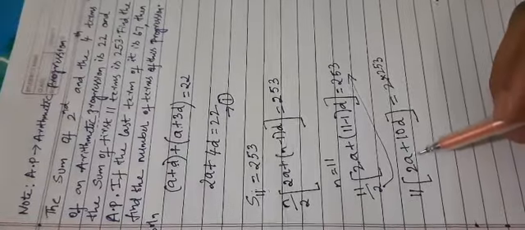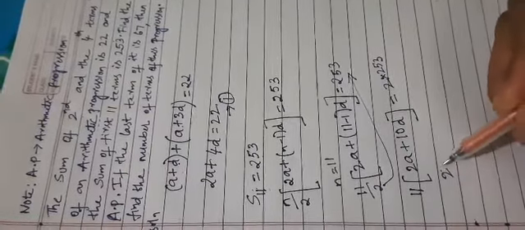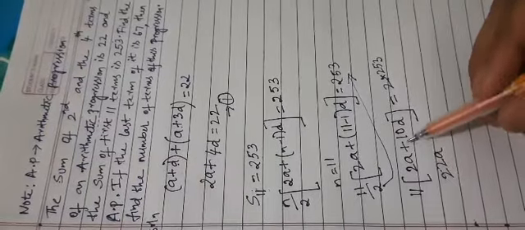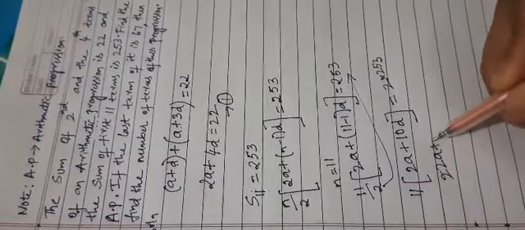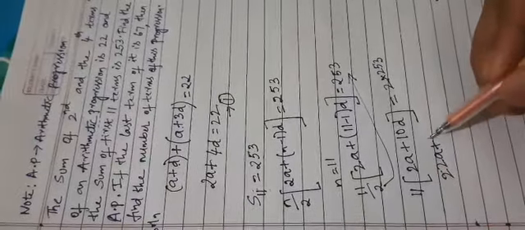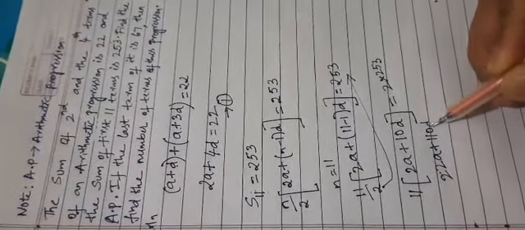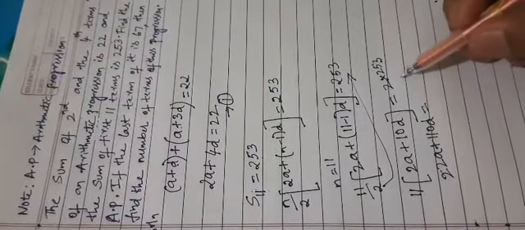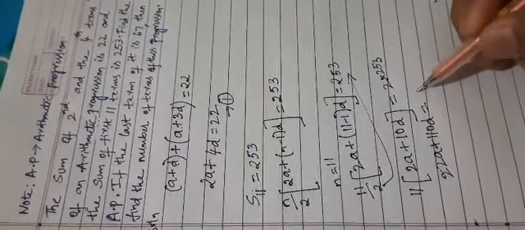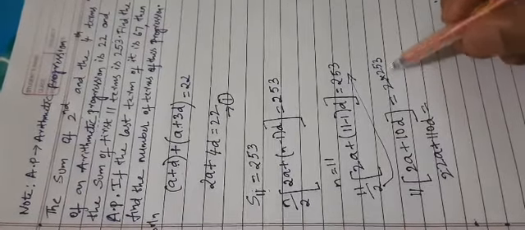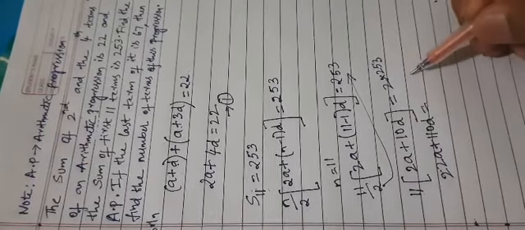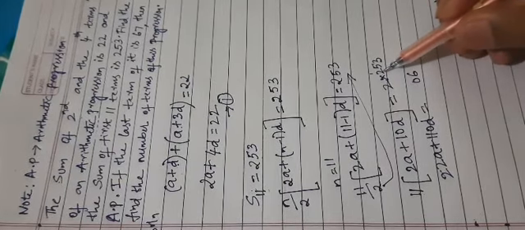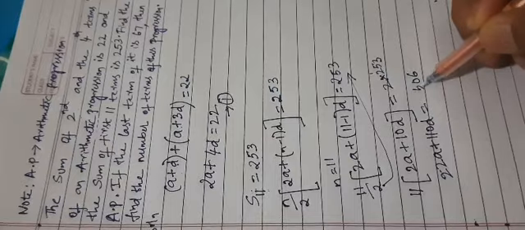Let me multiply. 11 into 2a is 22a. 11 plus into plus is plus. 11 into 10 is 110d is equal to 2 into 253, let us multiply. 2 3 is a 6, 2 5 is a 0, 2 2 is a 4, 4 plus 1, 5.